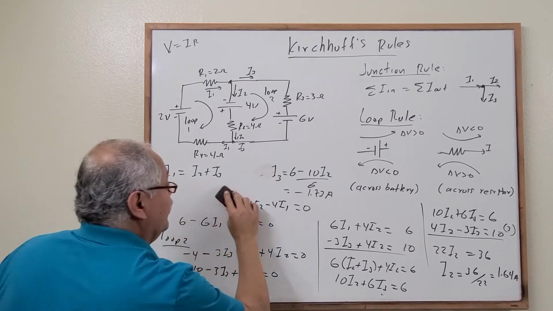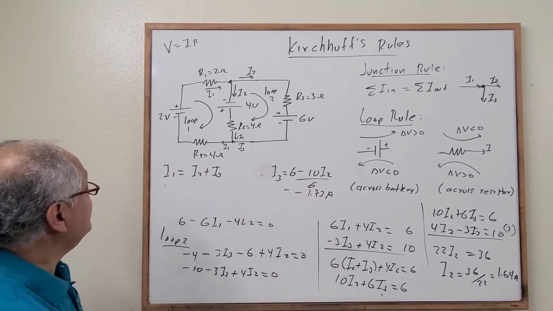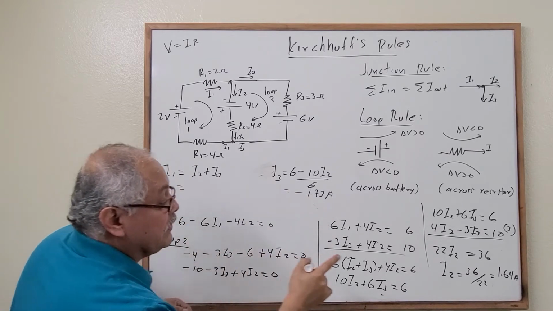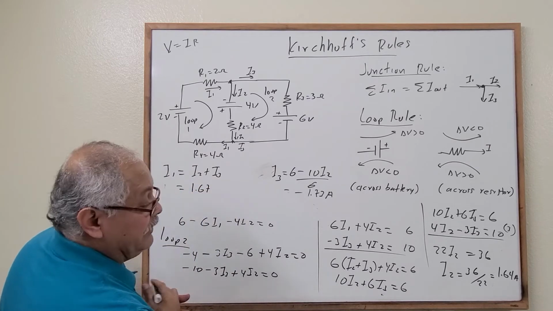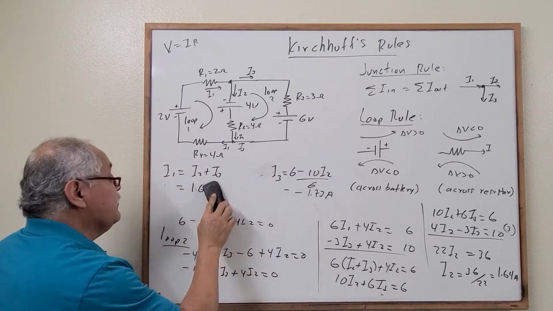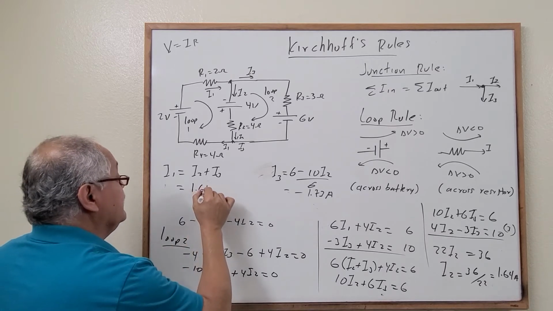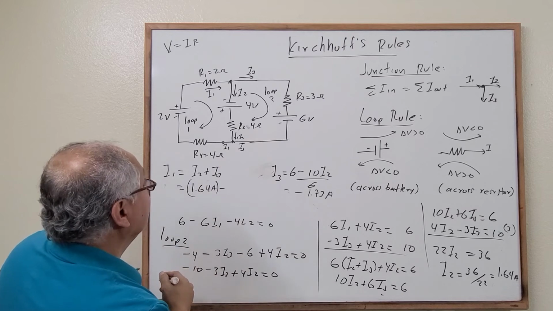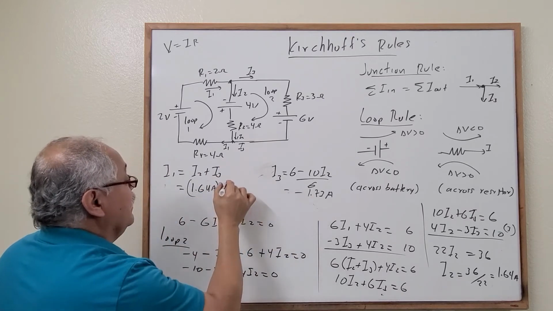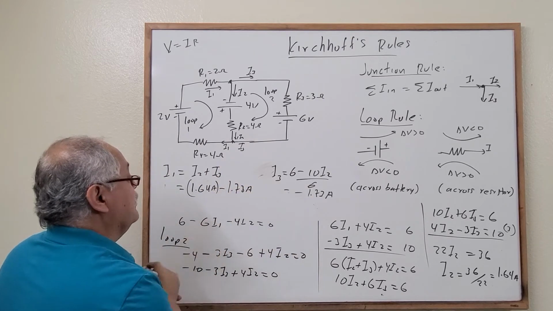Current 1 is equal to, what is current 2? 1.64 amps minus, okay, minus, the sign is minus right here, 1.73 amps.